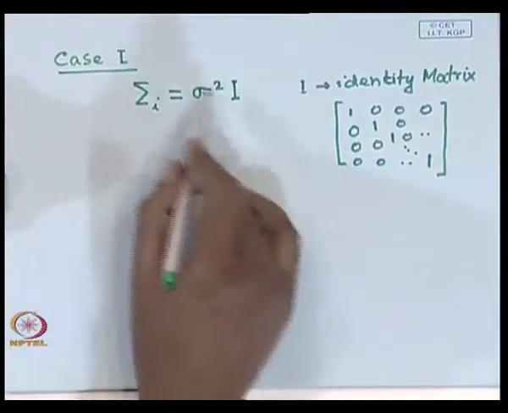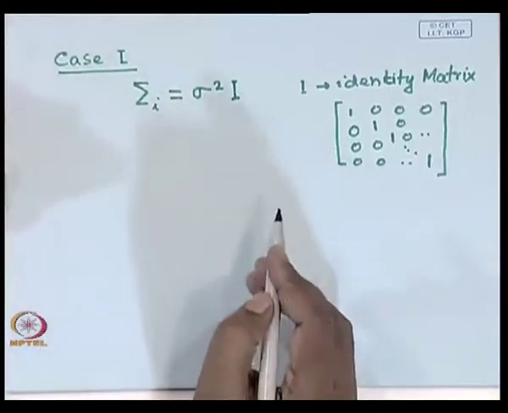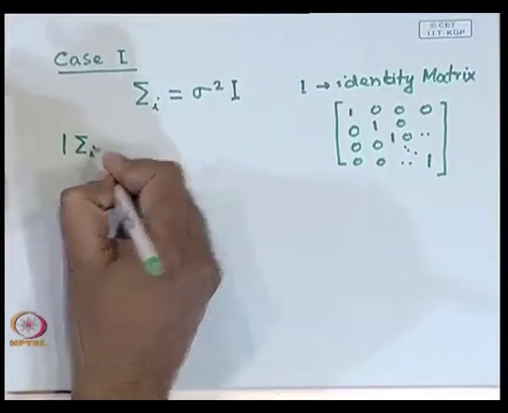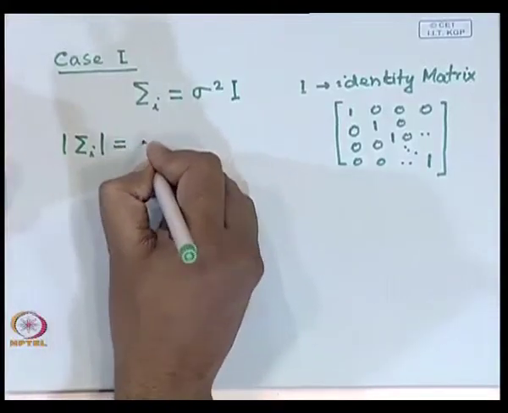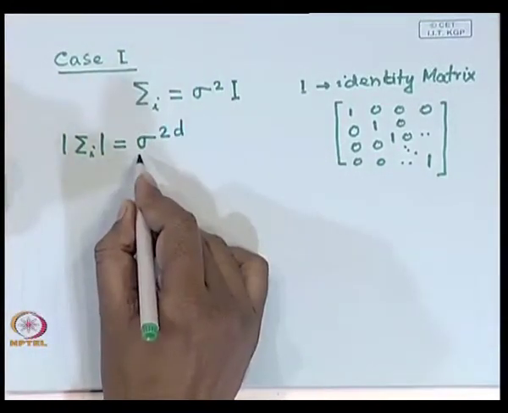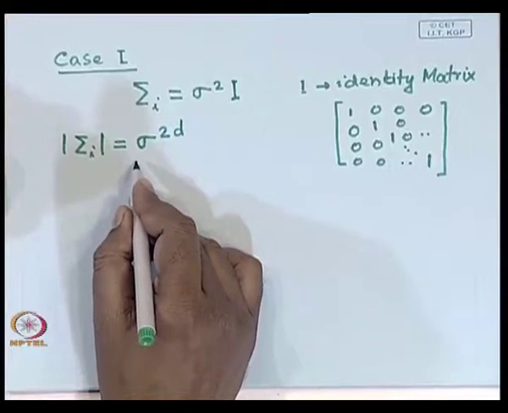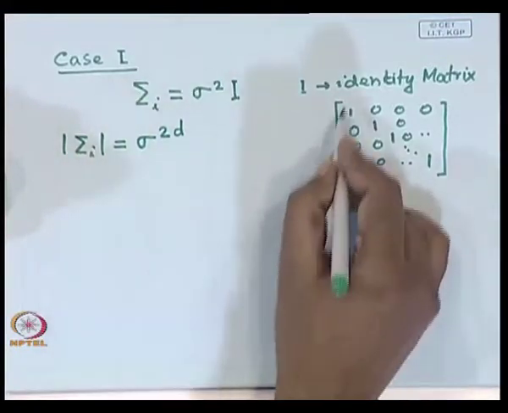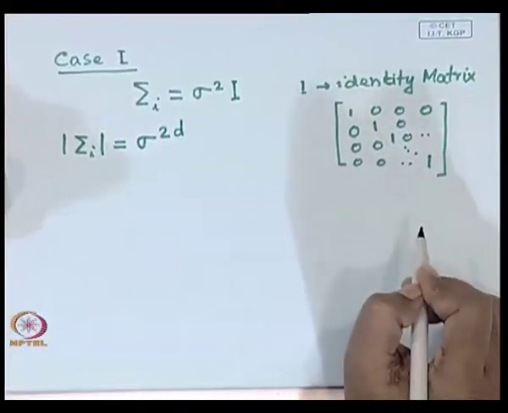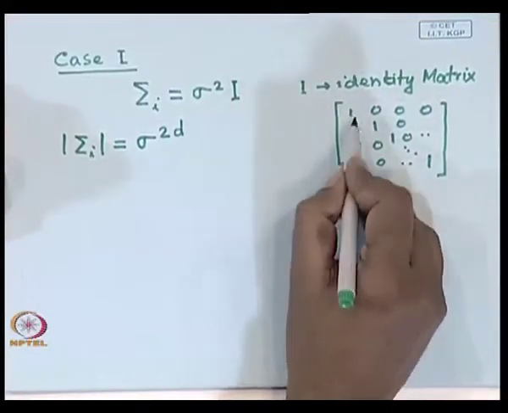Now, here you find that if the covariance matrix is like this, then the determinant of sigma_i, for every class, is nothing but sigma to the power 2d, where this lowercase sigma is the standard deviation of the independent components. It is simply because I have a d by d dimensional identity matrix, which is multiplied by sigma square.